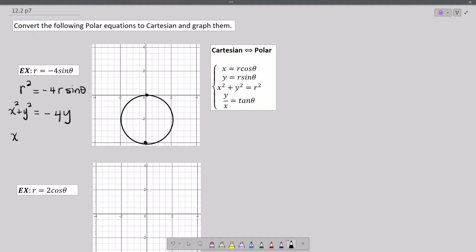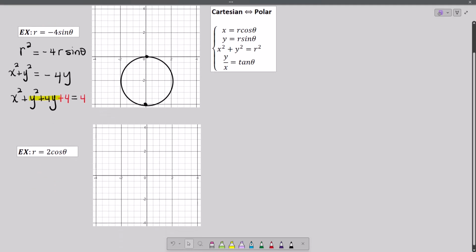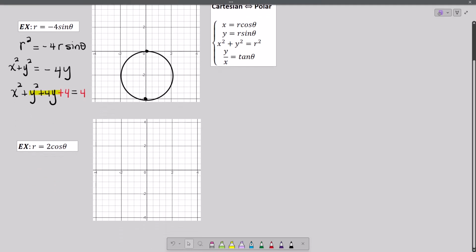What we need to do next, one of your favorite activities, complete the square. So we move the 4y to the left, and we want to complete the square in y. To complete the square, we take the coefficient of y, divide by 2 and square it, we get a 4. So we're going to add 4 to both the left side and the right side, like we would do in college algebra.